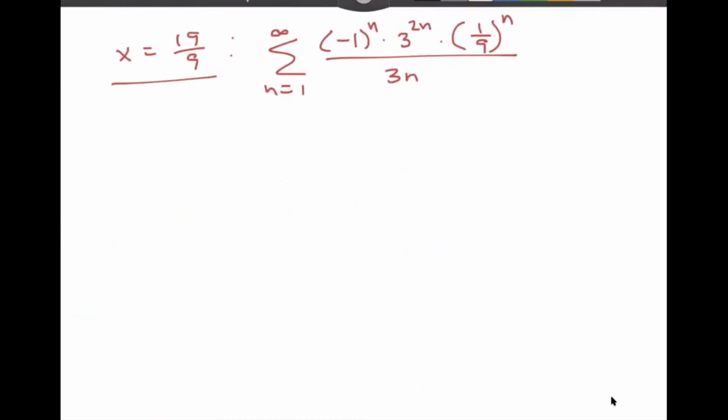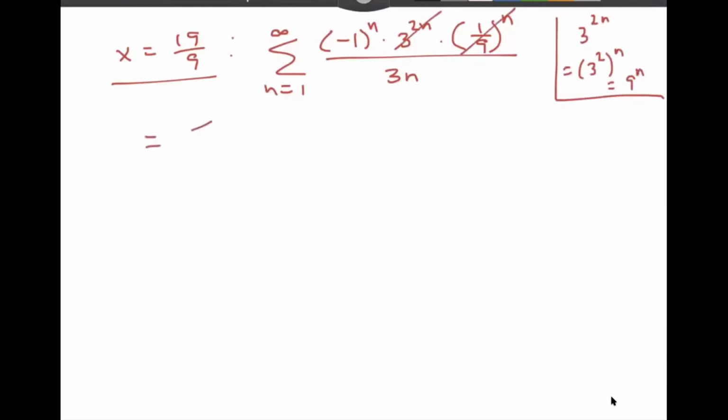All right, now we can simplify this thing because remember 3 to the 2n can also be written as 9 to the n, right? So we have 9 to the n times 1/9 to the n. These two things are just going to cancel each other out.